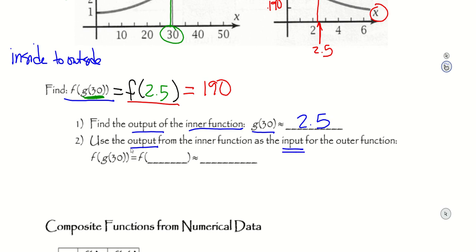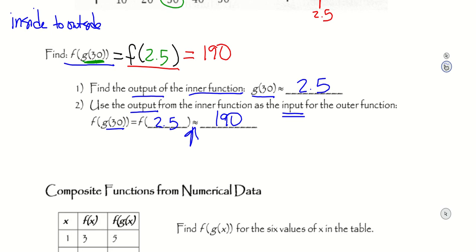So f of g of 30 was f of 2.5. That was my output from g of 30. And f of 2.5 gave me about 190. Right? This means approximately equals to, when I gather information from a graph, there is an element of estimating. So that's an approximate answer.